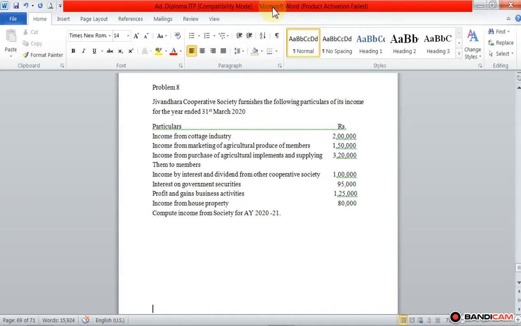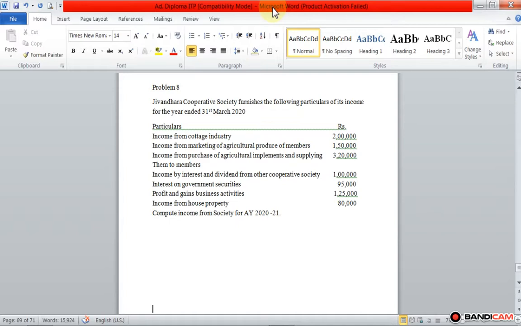It has derived income from cottage industry, marketing of agricultural produce, agricultural implements, dividend from other cooperative society, interest on government securities, profit and gains from other business activities, and income from house property. So first of all we bifurcate the income, that is income from business of cooperative society and then income from other sources.